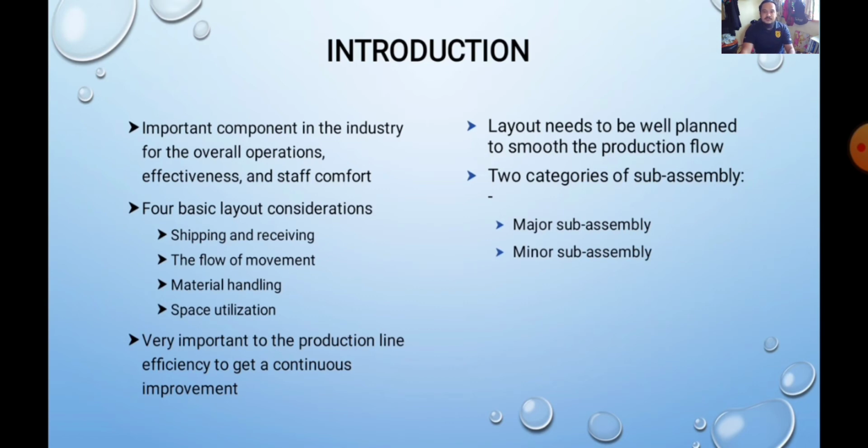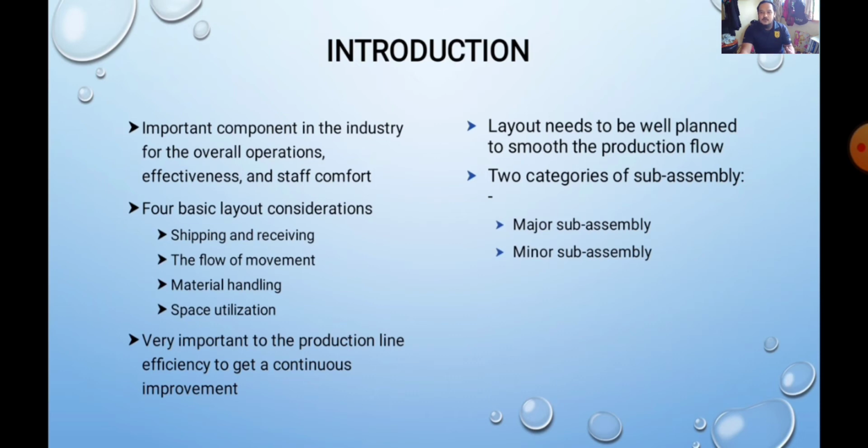So basically, facility layout is an important component in the industry for the overall operations, effectiveness, and staff comfort. The function of the layout is to ensure the flow of the process, the material, and the information collected based on the actual production.